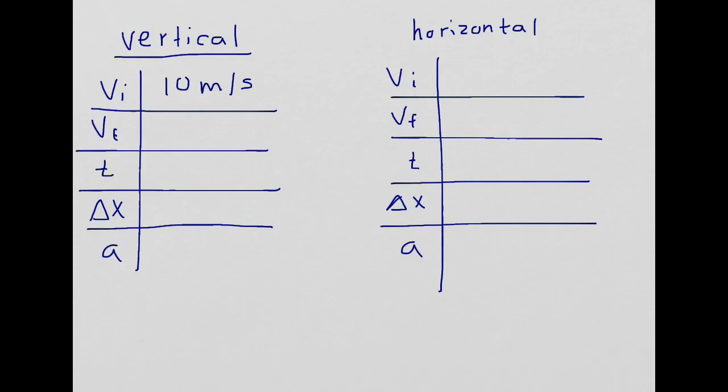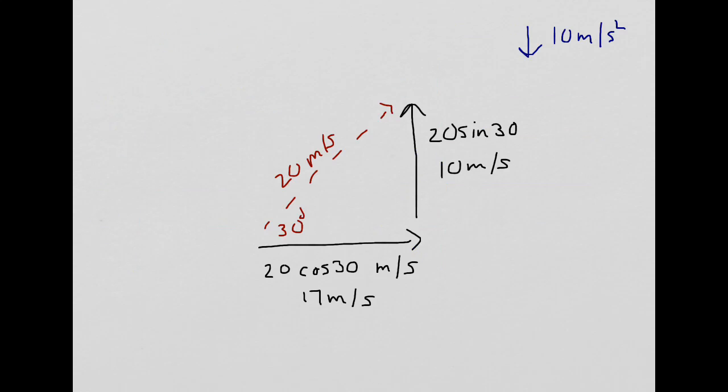We don't know the final velocity. We don't know the time. Now, do we know displacement? So I'm considering, we're looking to find how long the ball is in the air, let's say. So let me draw a picture of a projectile. So it might look something like this.